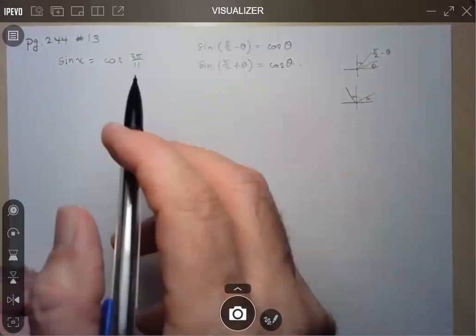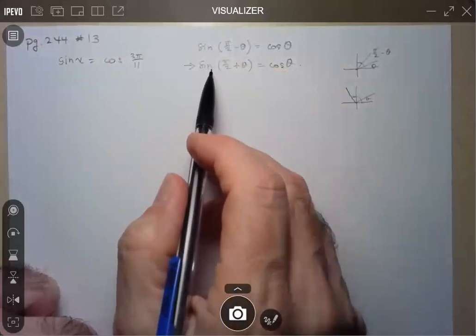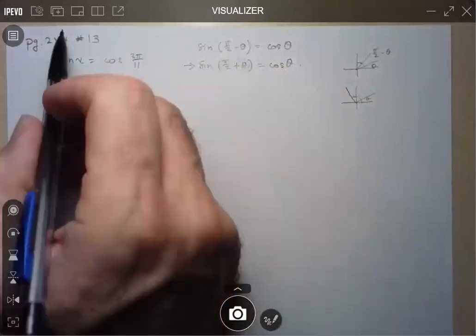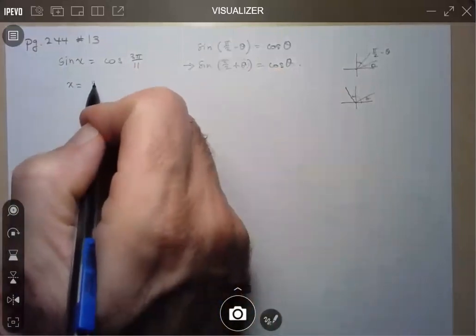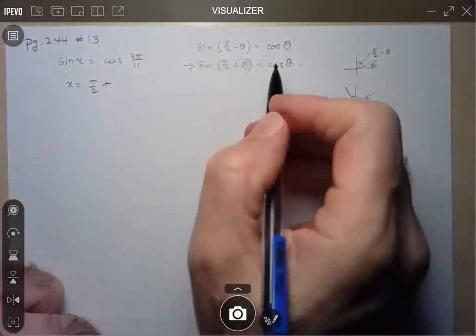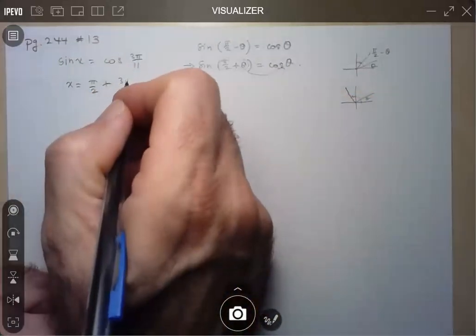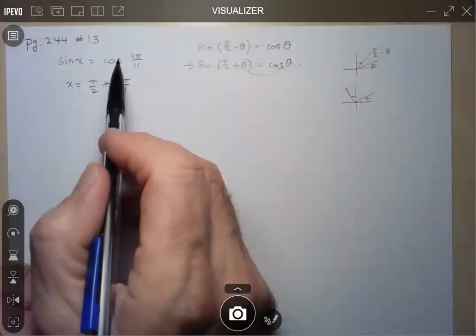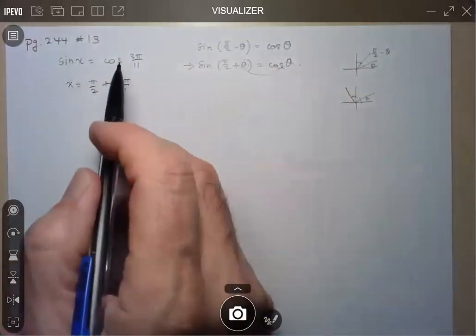So I'm using this identity, and what does it tell me? It tells me if the input to sine, which is x, is equal to pi over 2 plus the input to cosine, which is 3 pi over 11, then these two sides have to be equal. In other words, this is going to be a solution to this equation.